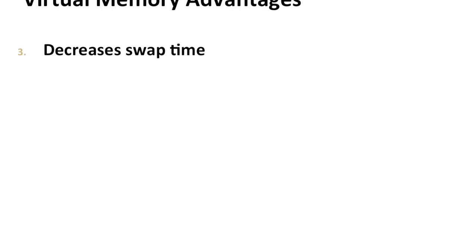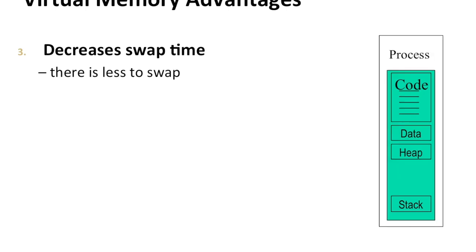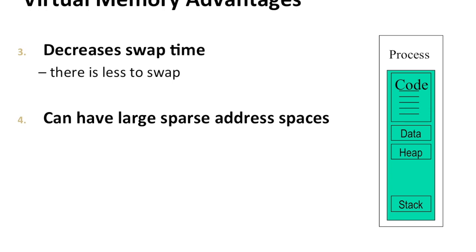Before, when we were loading the whole program and we needed contiguous space to do it, if we couldn't find any space, we'd have to remove a whole process. Now all we need to do is remove enough frames to give us enough frames to load the new program. If there's less things to swap, the faster we're going to be.